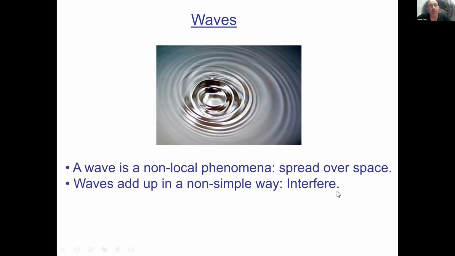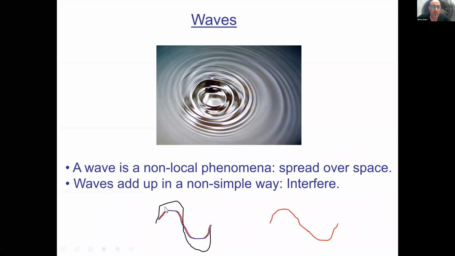Another peculiar notion about waves is that waves add up in a very non-simple way. Waves interfere. What do I mean by that? One way I think of a wave is as a periodic perturbation, a mountain followed by a valley, then followed by a mountain, and so forth. If I add another wave to it, they can meet in a way that a mountain meets a mountain and a valley meets a valley, and then I get a wave which is twice as high and twice as low.